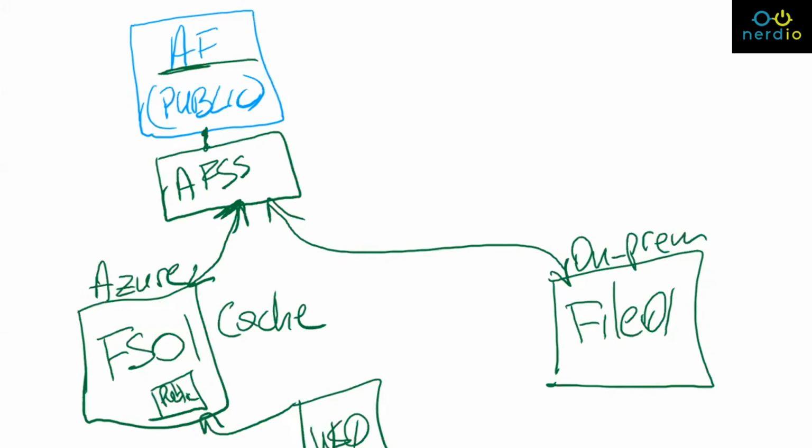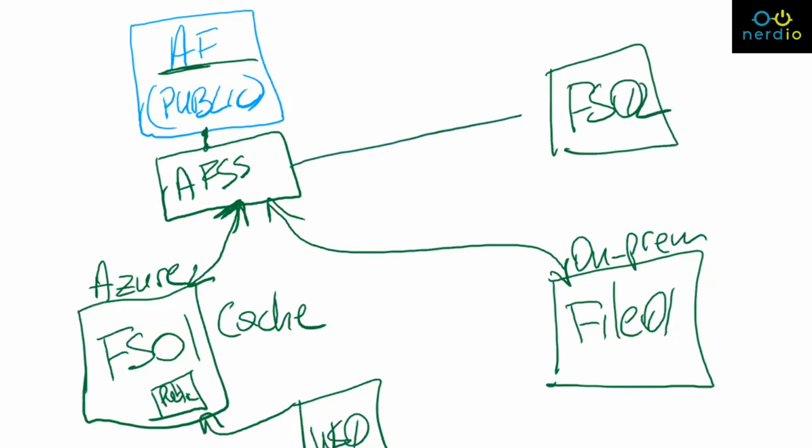So for instance, if you have 2 or even let's say 3, let's say you have FS02 in a completely different Azure region, also connected to this file share. Anytime a change is made here, this change is going to get replicated here and here through this common Azure File Sync service, which is accessing data that's stored in the Azure File Share.